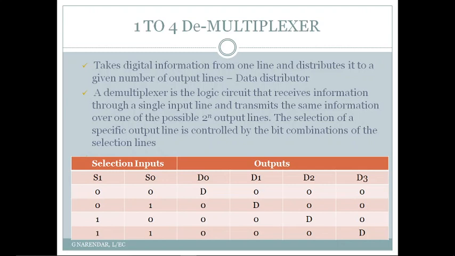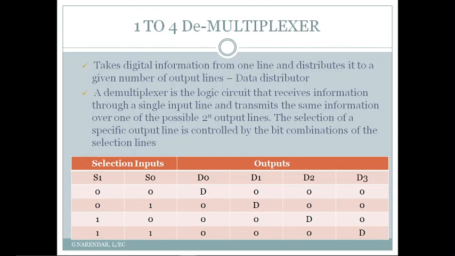So it takes digital information from one line and this demultiplexer distributes it to a given number of output lines. Since it is distributing the data present on the single input line to a given number of output lines, it is also called a data distributor.